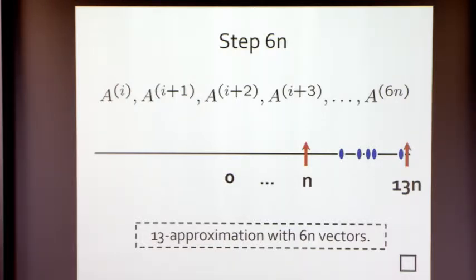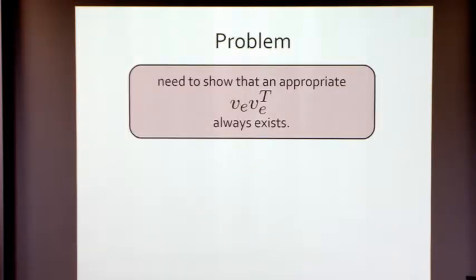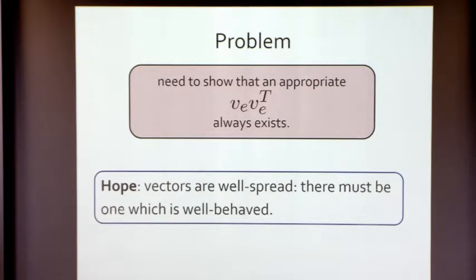Okay, so what I just told you again is just a story. There's no content here. I haven't told you why I should actually be able to do this. And so the whole content of the proof is to show that this process can be sustained with actual honest-to-God vectors that I choose at every step from my collection of vectors. And why should I even expect this to work at all? Well, the hope is that the vectors are spread out evenly in all directions.